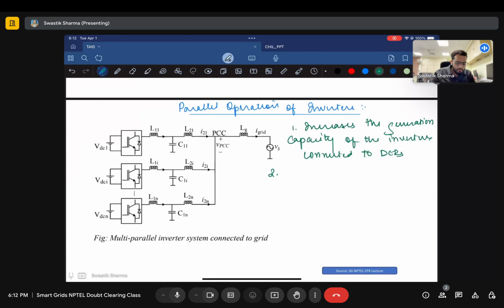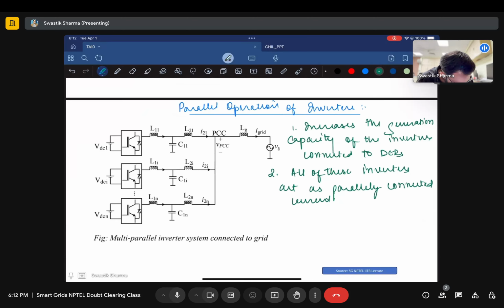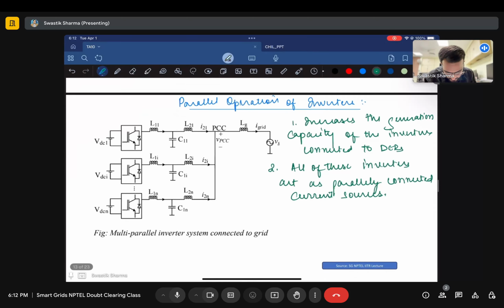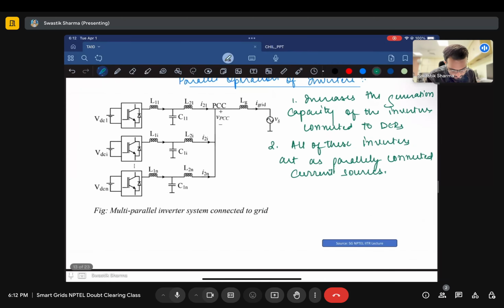What else do they do? All of these inverters act as parallelly connected current sources. Right. So this is what the thing is.